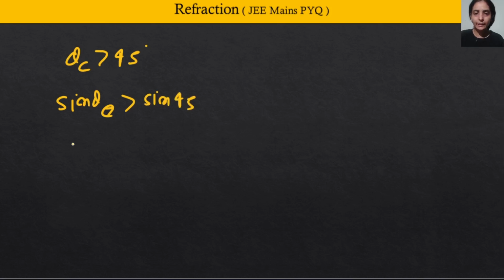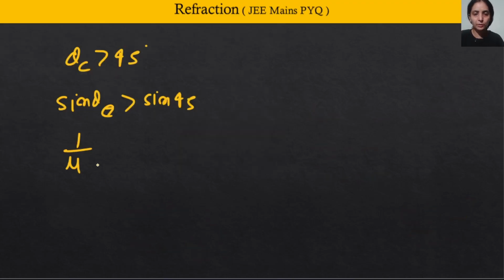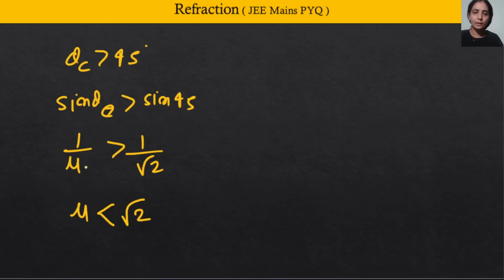And sin theta c can be written as 1 by mu, right? Because the outside medium is air basically. So 1 by mu is greater than 1 by root 2. Done. It means mu should be what? Mu should be less than root 2. Agree? Because the inequality sign will get reversed if we are reversing the things.